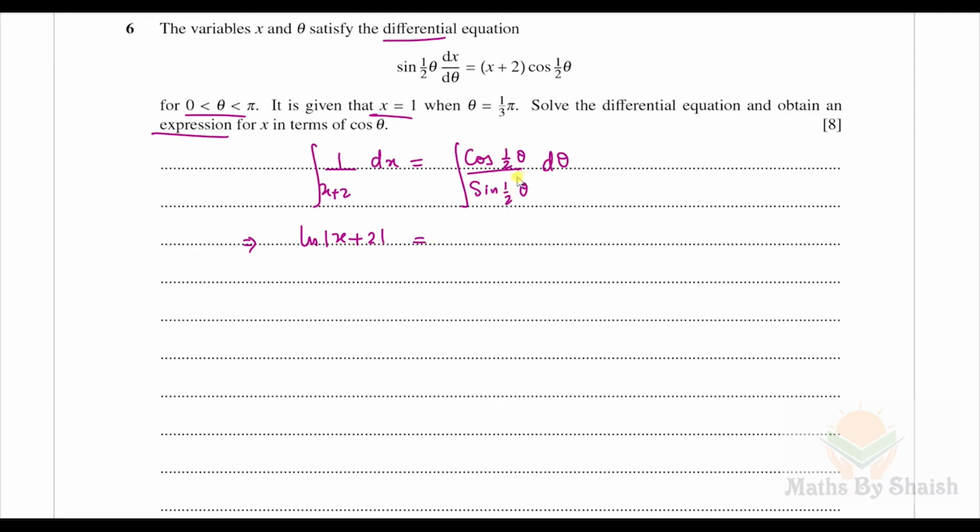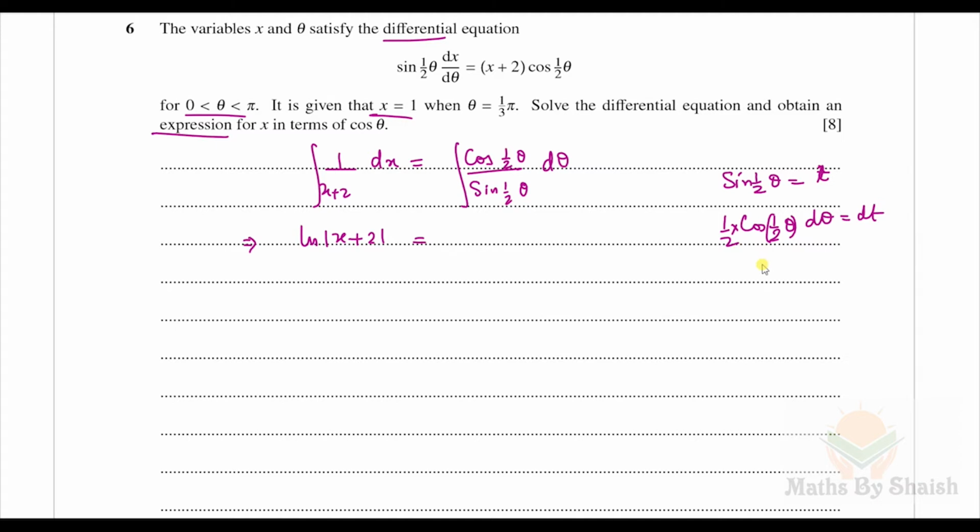The right side is cot of half theta, and I'll not take it as cot theta. I'm going to substitute sin (1/2 theta) as t. If it is t, then differentiation of sin (1/2 theta) is cos (1/2 theta), and by the chain rule it is going to be 1 upon 2 multiplied by d theta, which is equal to dt.